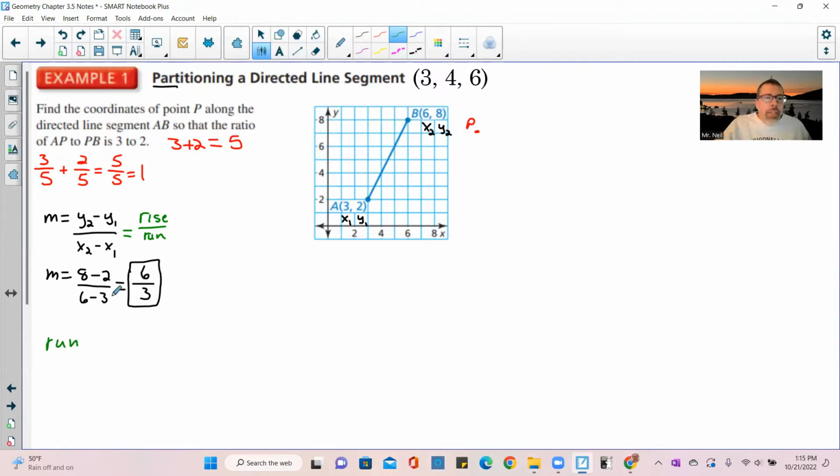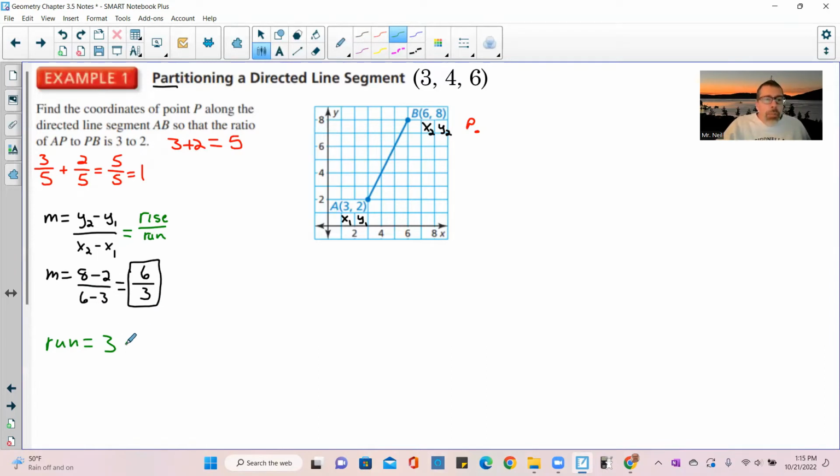So our run is the denominator, 3, because our run was the x's. We want to multiply that by our 3/5.